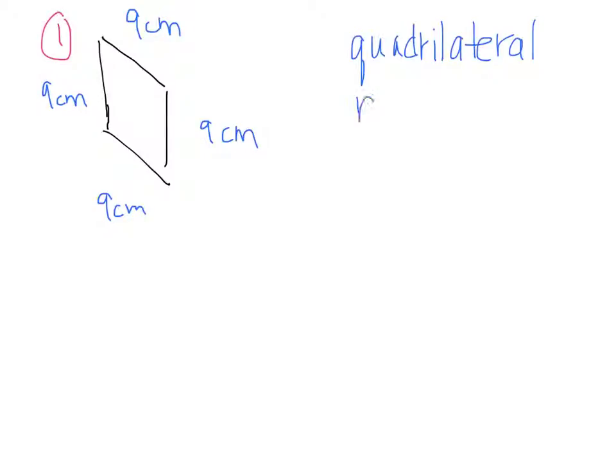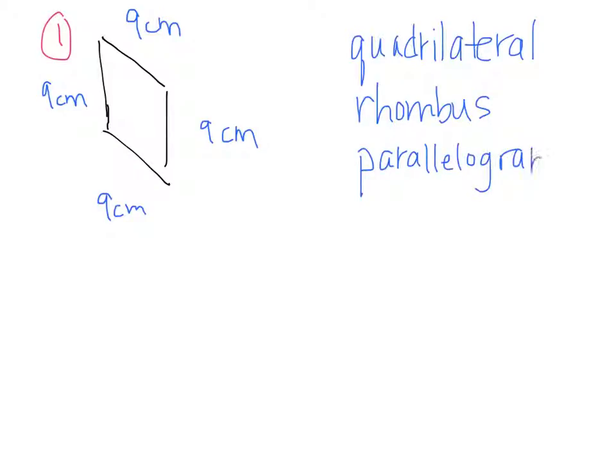Because we know that a rhombus has 4 equal sides. And they are parallel to each other. What else can this be classified as then? What else, Jason? A parallelogram. Very good, a parallelogram. How did you know that it can be a parallelogram? Because the opposite side was parallel to the other opposite side.